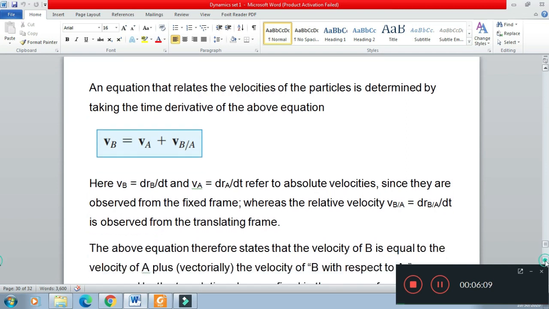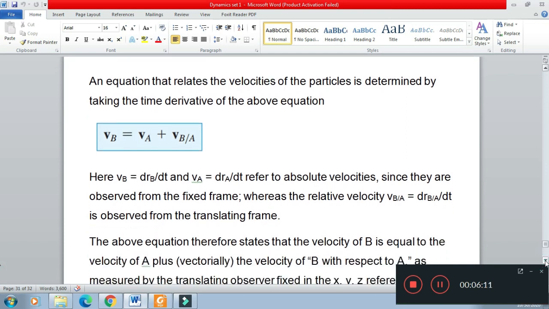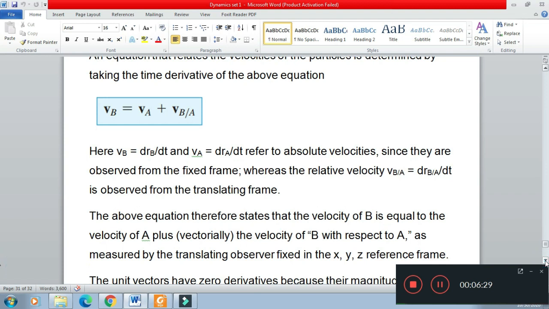But since we are assuming that the moving reference system is only translating, and when the frame of reference is only translating, the direction remains same, that is the i dash will remain in the same direction as i. So we get simply VB, VA and VB slash A.